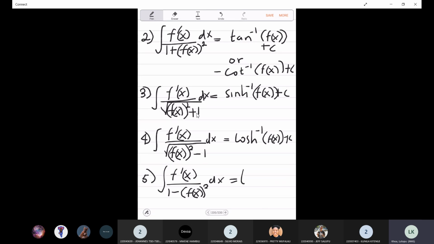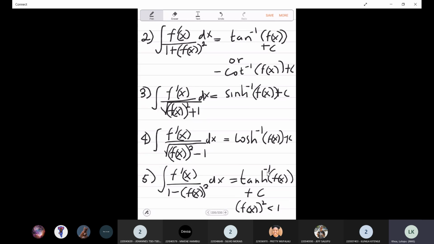This is hyperbolic tan inverse of f of x plus c with the condition that f of x squared is less than 1, but it is almost identical to negative hyperbolic cot inverse.